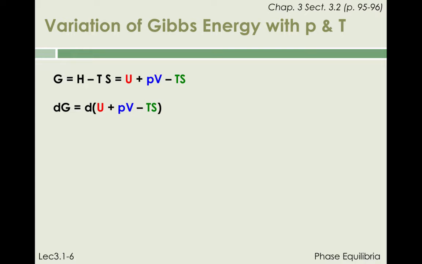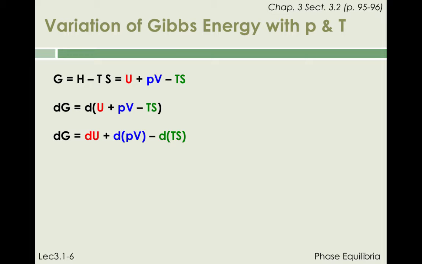So the change in Gibbs energy, dG, is equal to the change in the function U plus PV minus TS, which we can write as dU plus d of PV minus d of TS.